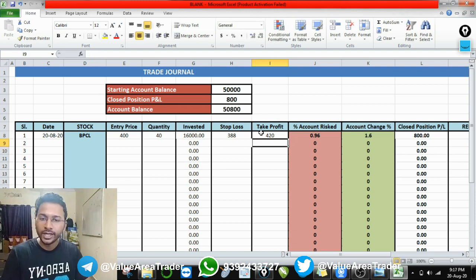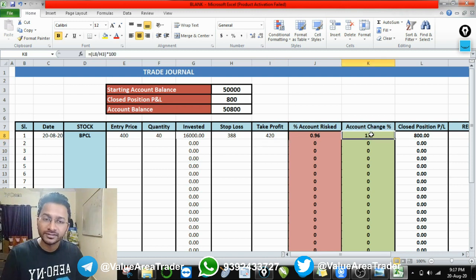The moment I do that, it automatically shows me that my account change is 1.6%. I risked less than 1%, so it is a good risk reward ratio. I risked almost 1% for gaining 1.6%, and my total amount gained is 800 rupees. Now you can see in the top part here, 800.